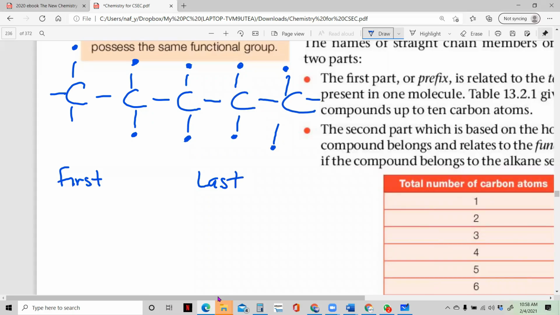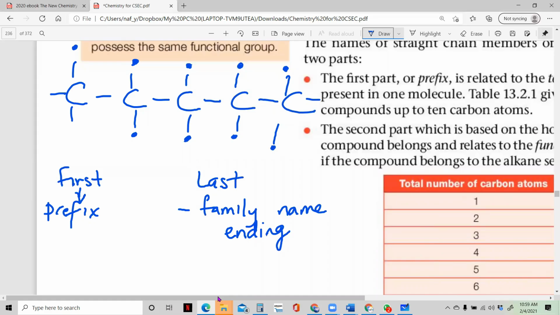The first name is the prefix, right? That's the first name. The first name is a prefix that is in the table. One is meth, two, eth, three, prop, four, but. The last name is the family name ending.